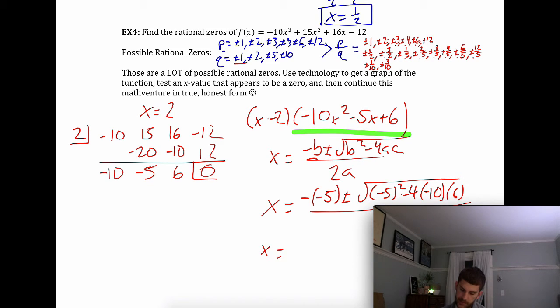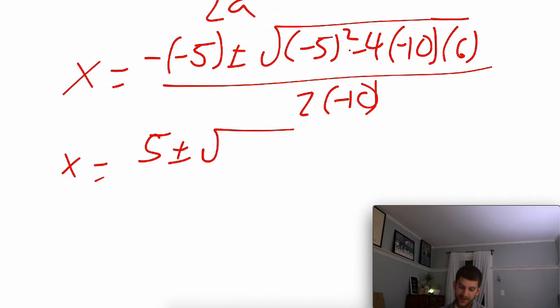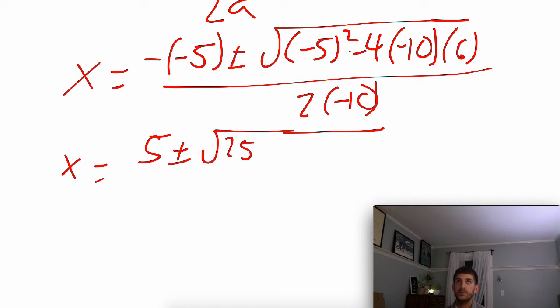Cleaning it up, we got x equals 5 plus or minus the square root of -5 squared, which is 25, minus 4 times -10 times 6. Well, 4 times -10 is -40. -40 times 6 is -240. So it's minus -240, or in other words, plus 240.